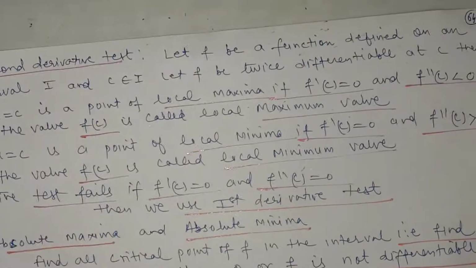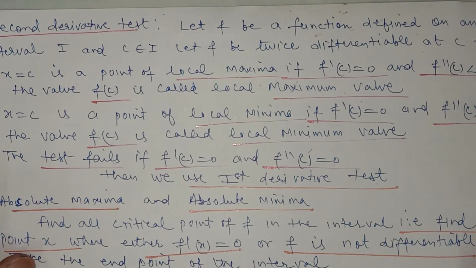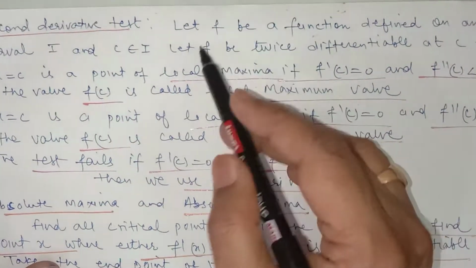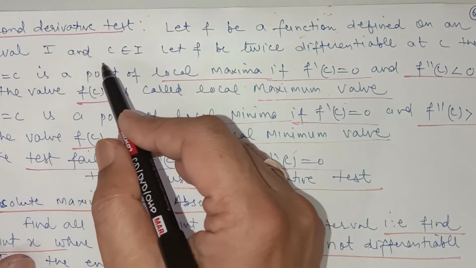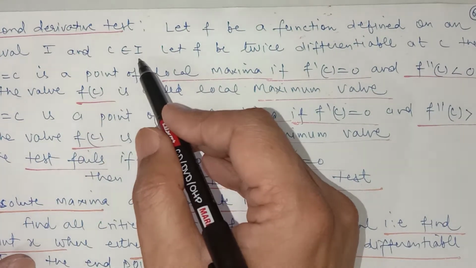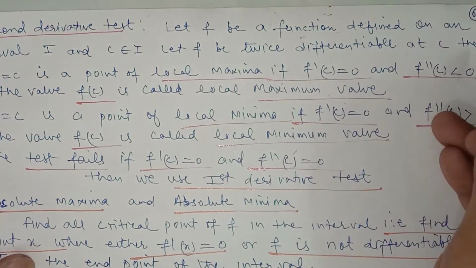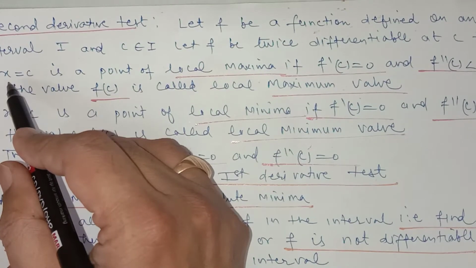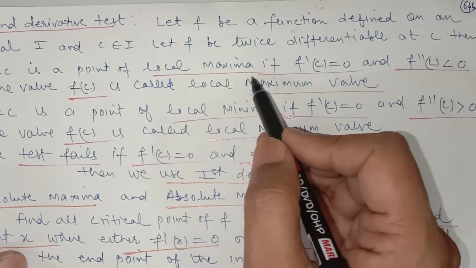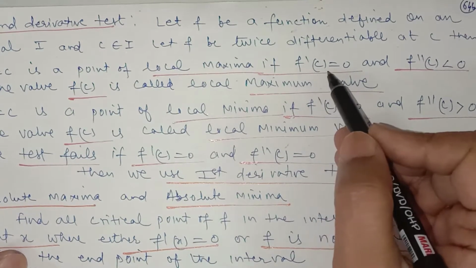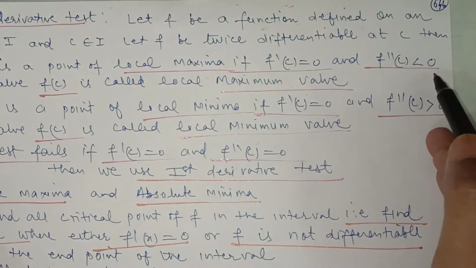Now, we also have a second derivative test to check the maxima and minima of the given function. Let f be a function defined on an interval I and let any point C belong to the interval, and let f be twice differentiable at C. Then x equal to C is a point of local maxima if the first derivative of the function at C is equal to 0 and its second derivative at C is less than 0.